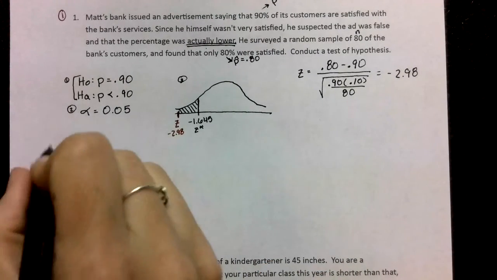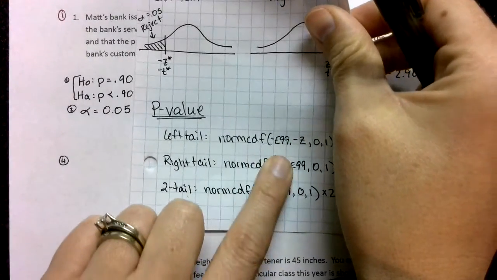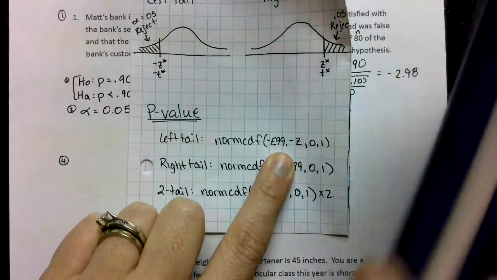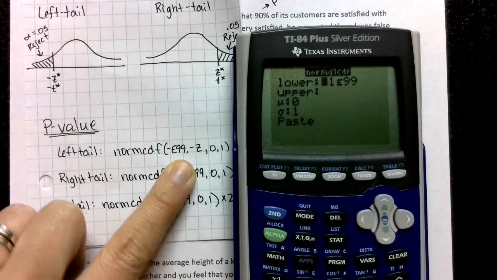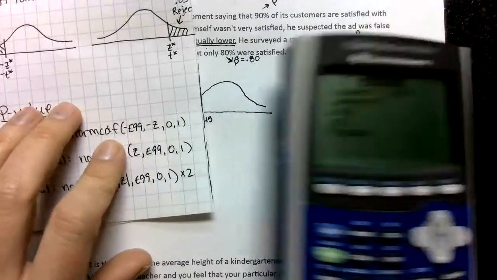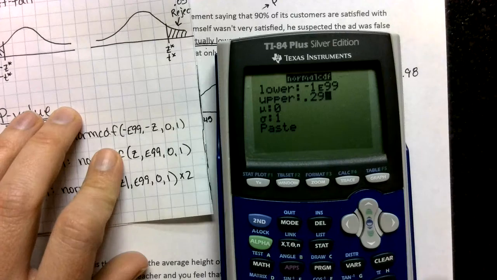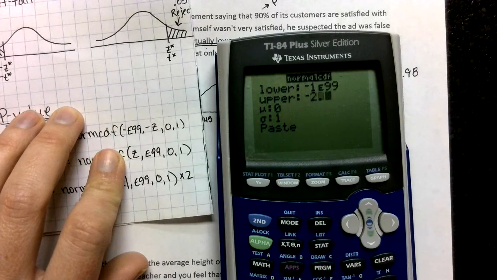Okay, so now step 4 is coming up with our p-value. My p-value for a left tail, I'm going to do normal CDF from negative infinity to my z, which is negative 2 point, whoa, man, can't type today.